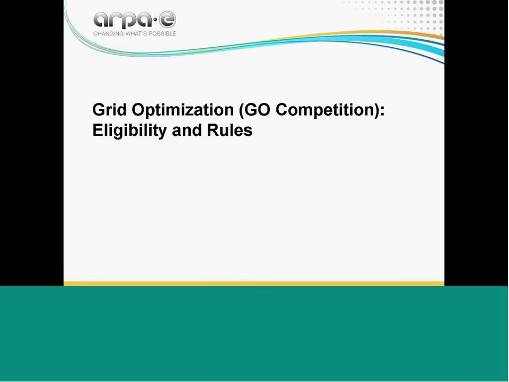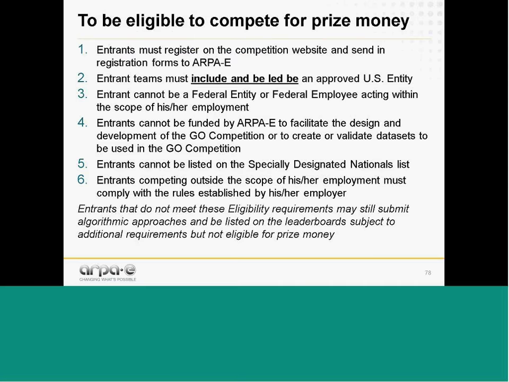All right, eligibility and rules. There's a lot here. There's also going to be a lot on the website. The main issue that I will point to is if you want to win money, your team has to be led by a U.S. entity, a U.S. organization, a university, a private company, a research lab within one of the DOEs, but the entrant team must be led by a U.S. entity.